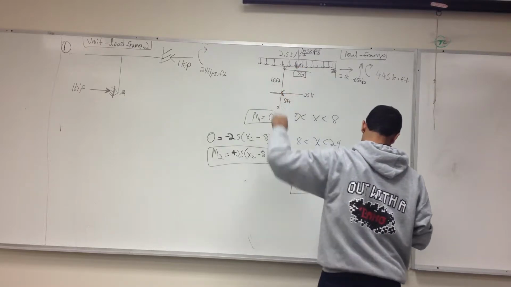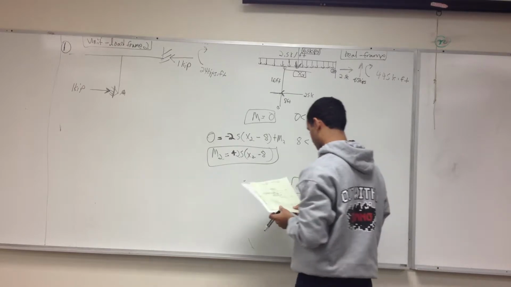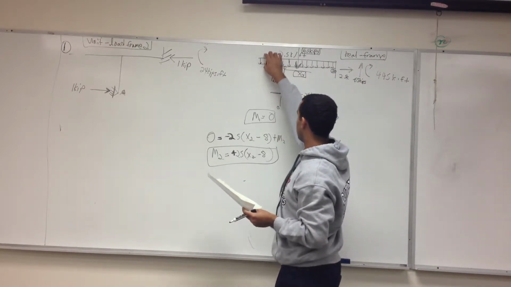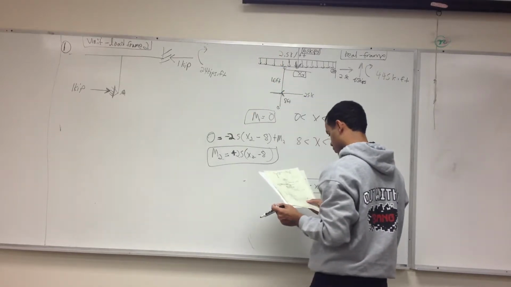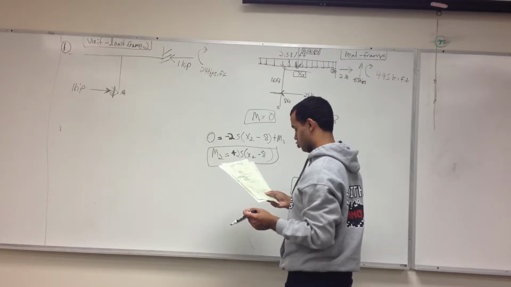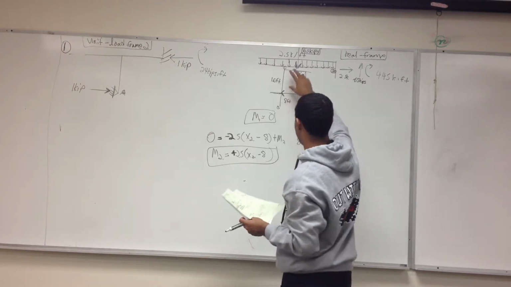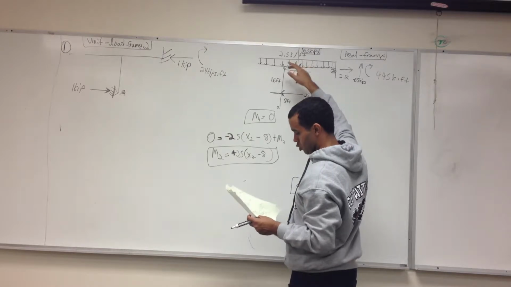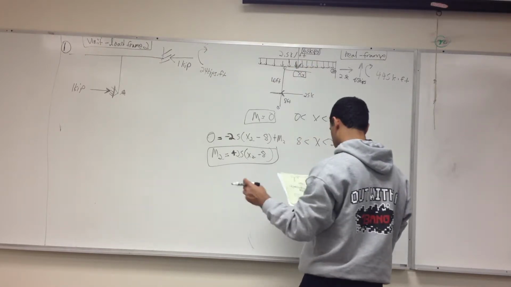So we times the 65 times x3 minus this portion over here, which is going to be negative 2.5 times x3 times a half times x3. And we also have this moment from our moment of 2, which is going to be 445. So we write that down into a big expression.